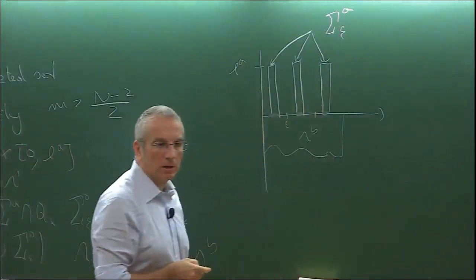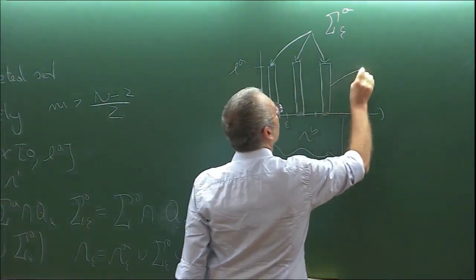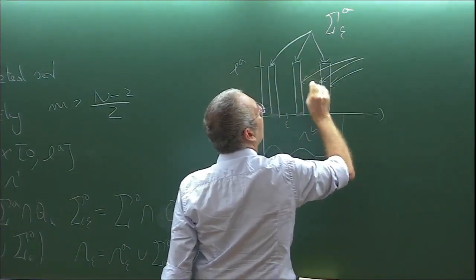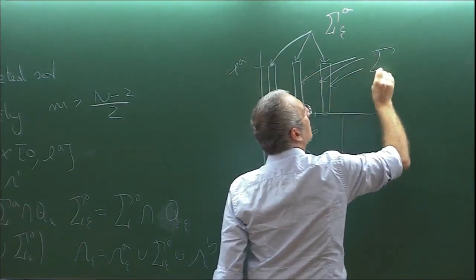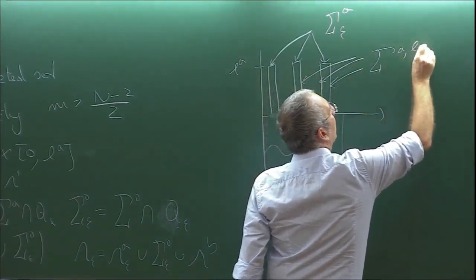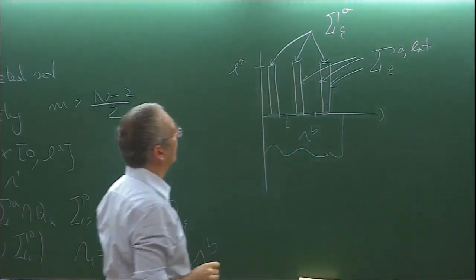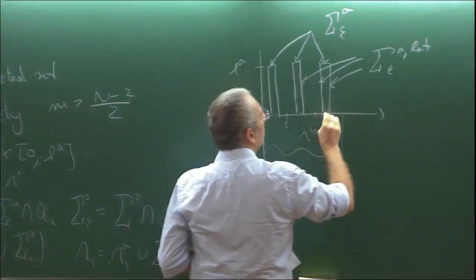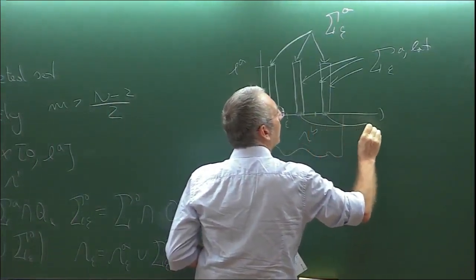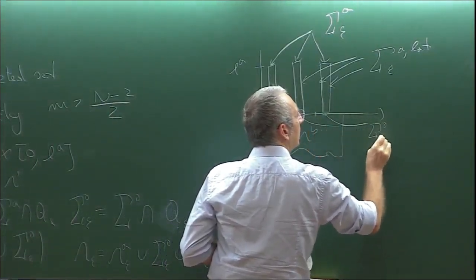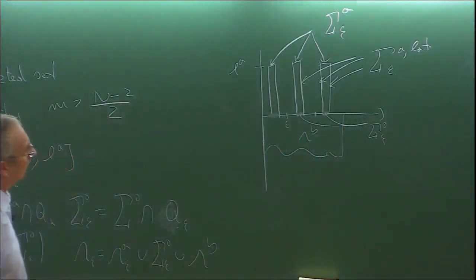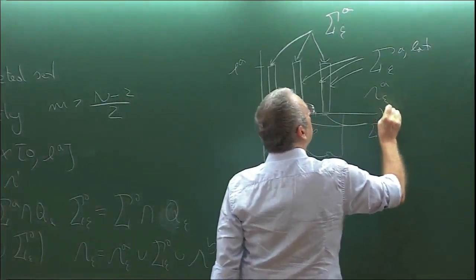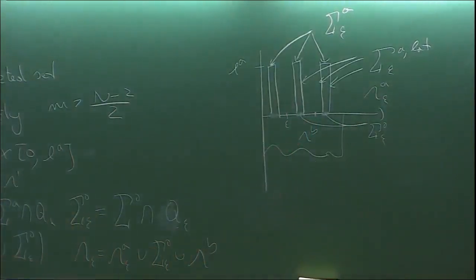The lateral boundary of the teeth is called sigma_A lateral epsilon. This part is sigma_0^epsilon. Then omega_A^epsilon is the union of the teeth.